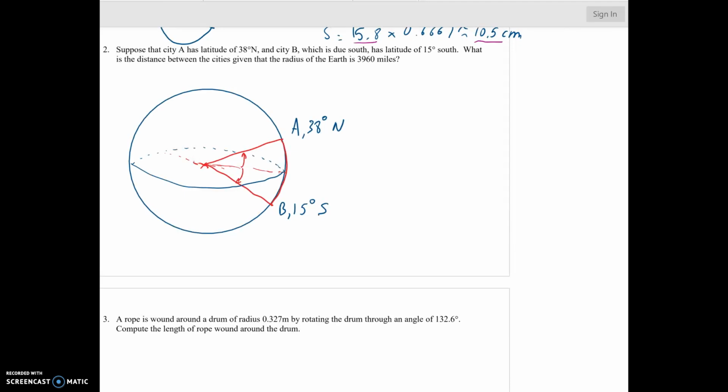Alright guys, so now we are going to calculate the length of the arc between the two cities.